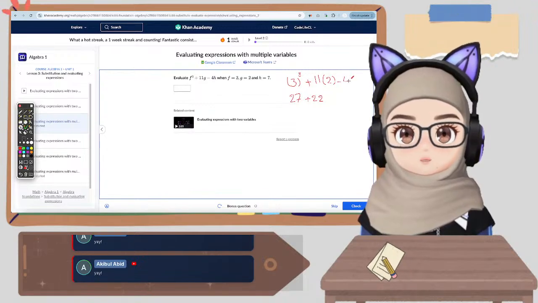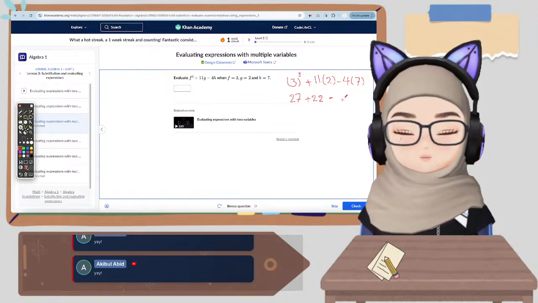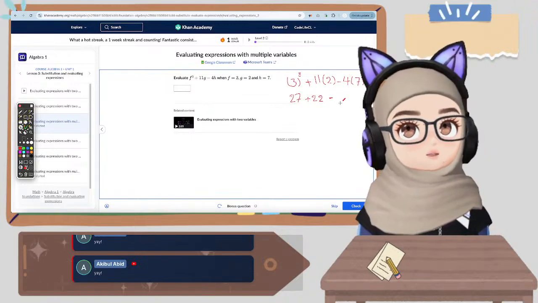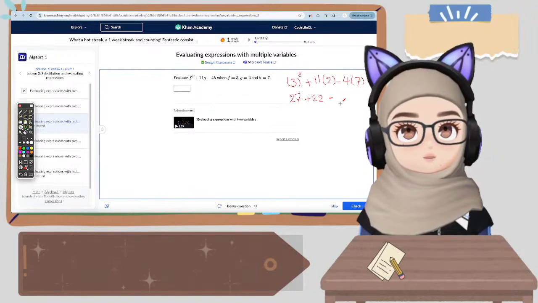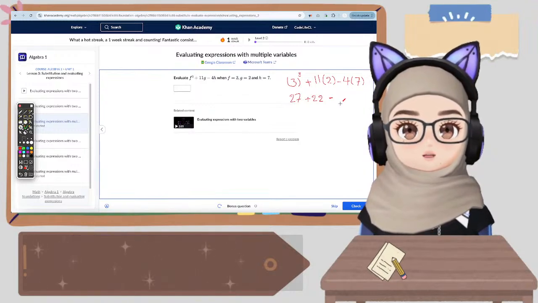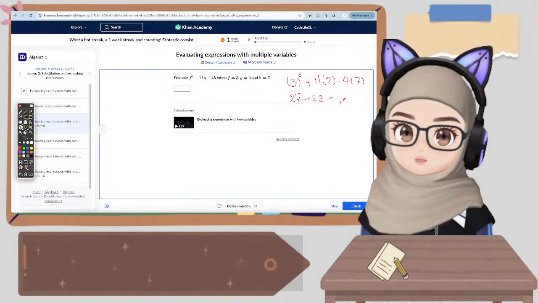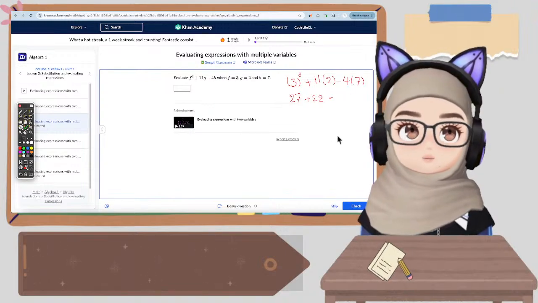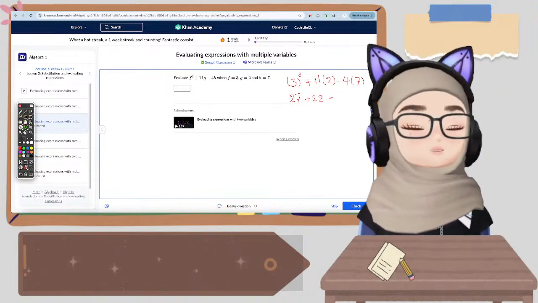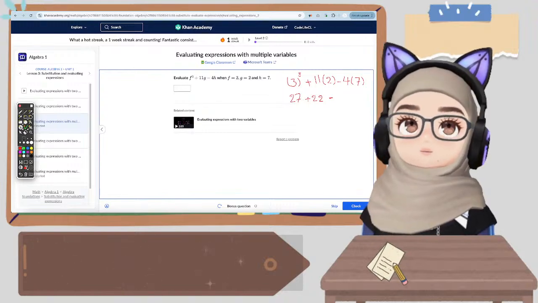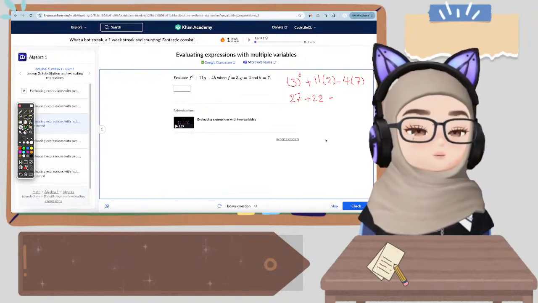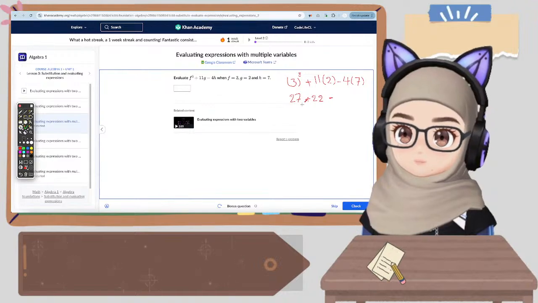Minus 4h. H is 7. What is 4 times 7? 5 times 7 is 35, so take one 7 out of that would be 28. Is it 28? 4 times 7 is 28. Did we just do that? I have no idea. Okay, so that's a 28.